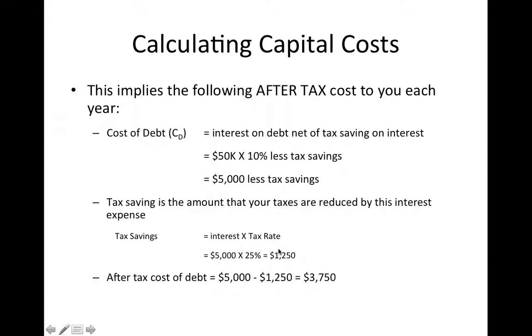Put differently, imagine that you enter this $5,000 expense on your income statement for figuring out your taxes. That reduces the amount of taxable income that you have by $5,000, which means that it reduces your taxes by $1,250. And so on a net basis, you didn't pay out $5,000, you paid out $3,750, simply because you saved $1,250 on tax.